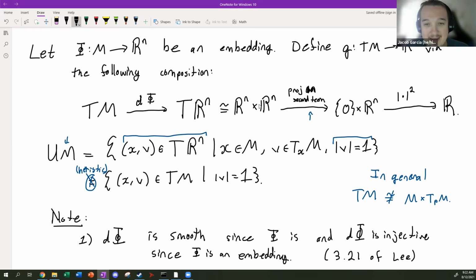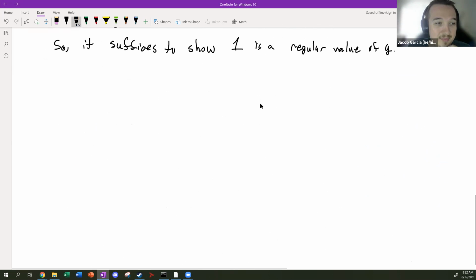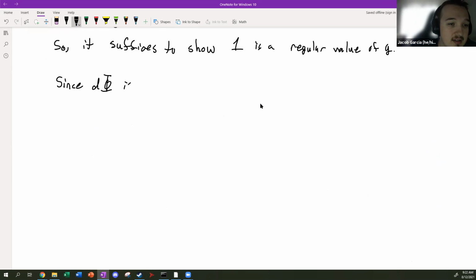Okay. So since phi is injective, there exists a chart.